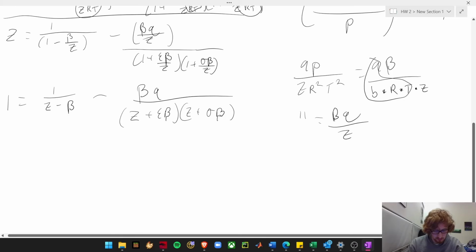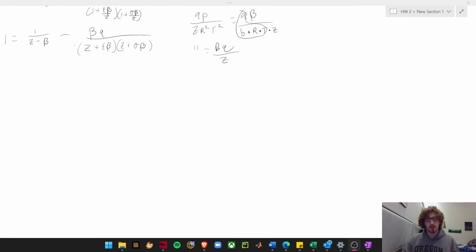So from here, you can see when we multiply these through, we're going to get some form of polynomial. So we're starting to get to the point that we can start solving and finding a cubic polynomial in terms of z. So now we're going to multiply everything by the common denominator.